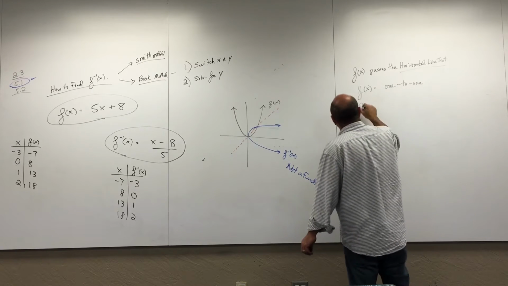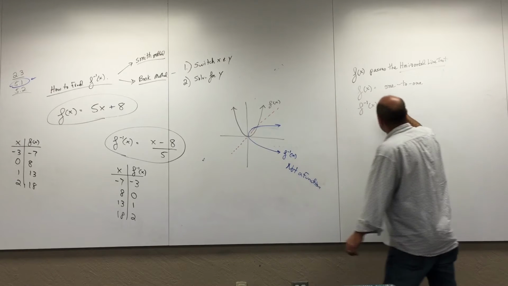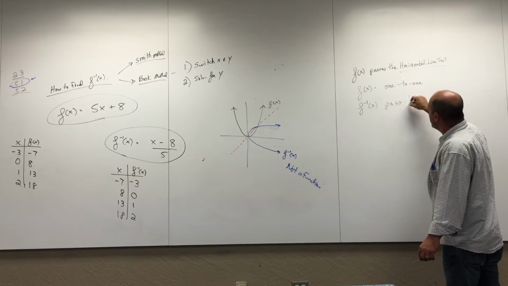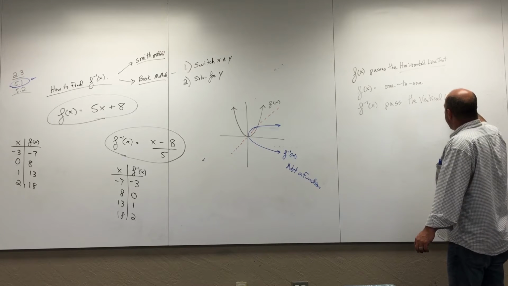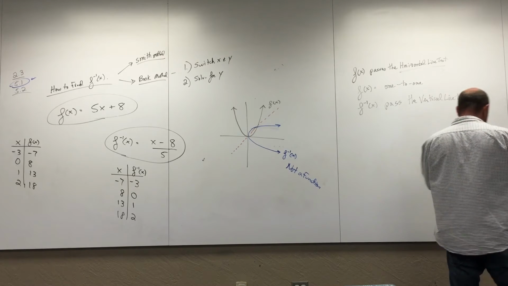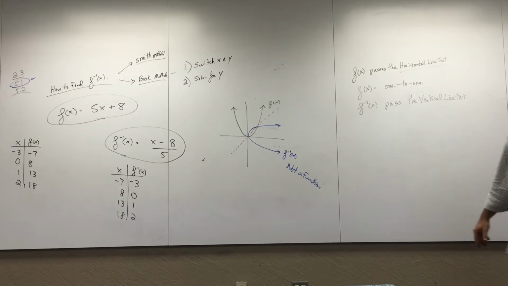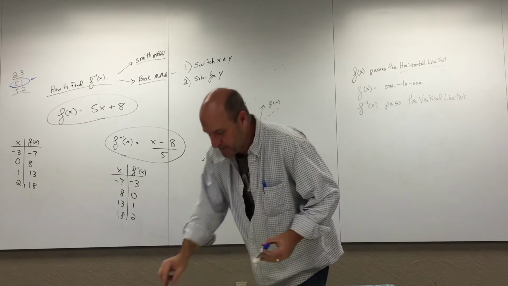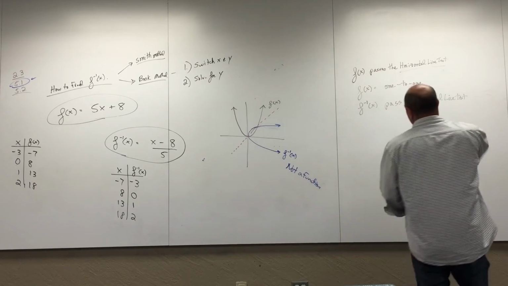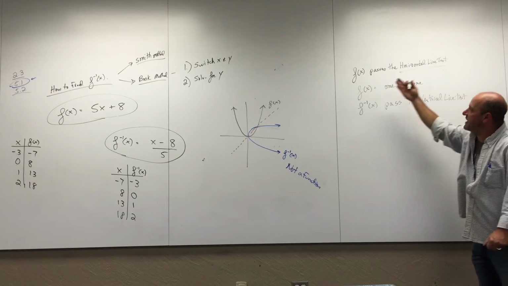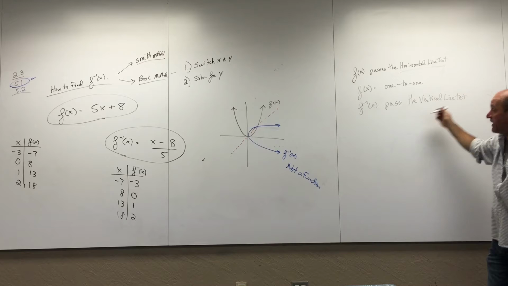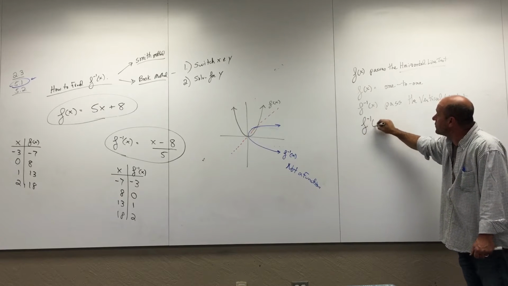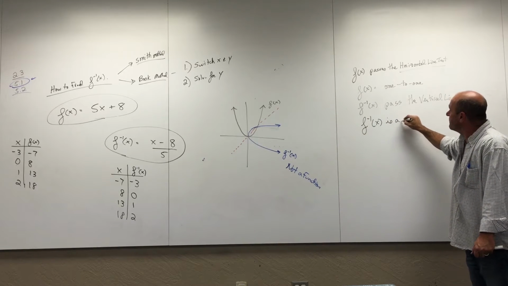And that means his inverse function is going to pass the vertical line test. You guys okay with that? Is this logic okay? The original function passes the horizontal line test. That means he's called 1-to-1. What that means is his inverse is going to pass the vertical line test. Therefore, his inverse is a function.